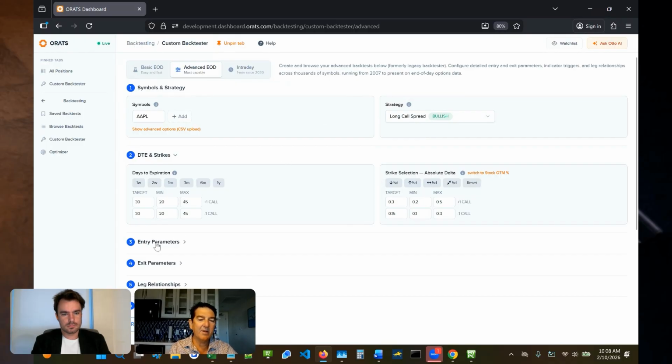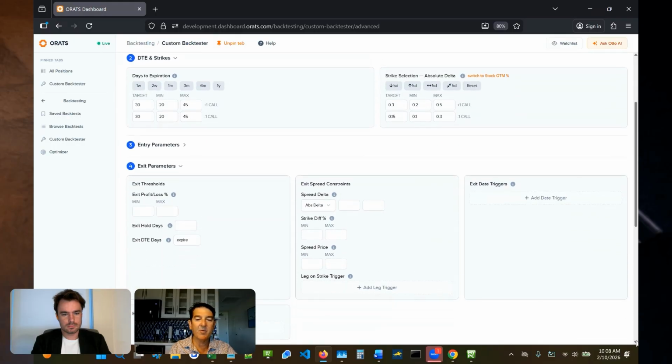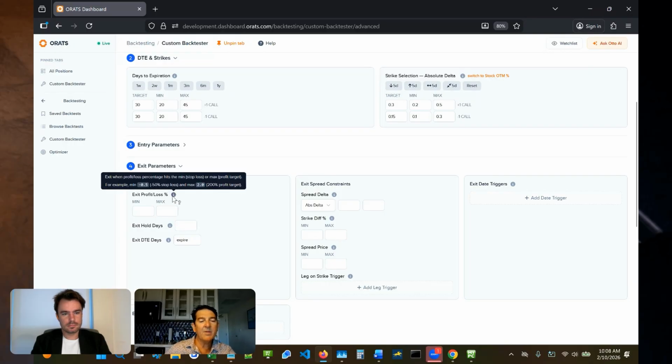However, we've added a lot of parameters, including entry parameters. Most people ask for exit parameters, so we'll start with exit parameters, even though it's number 4. Most people want exit on profit and loss. The only tricky part here, and it's in the tooltip, is if you're going to exit on a stop loss, we call that a negative, and positive for the profit target.